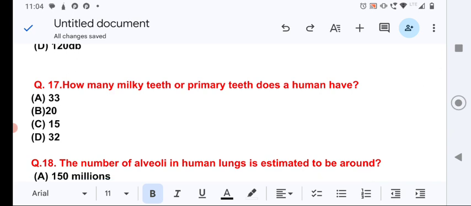Now, question number 17. How many milky teeth or primary teeth does a human have? That is the number 20. Option number B is correct answer for the question number 17, whereas 32 is the total number of the teeth.